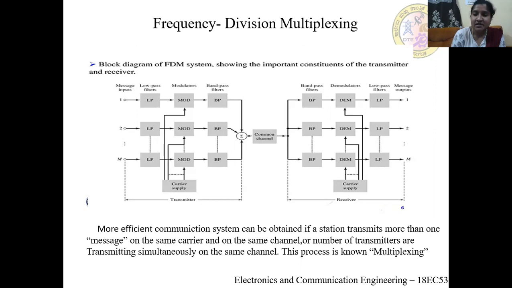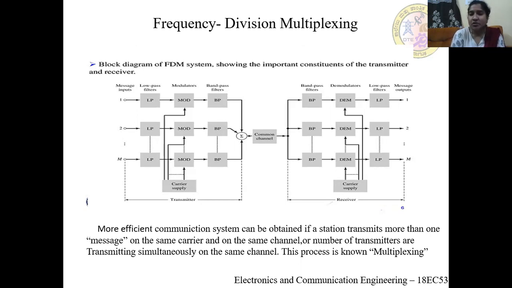The bandpass filters following the modulators are used to restrict the band of each modulated wave to its prescribed range. The outputs of the bandpass filters are combined, which forms the input to the common channel.